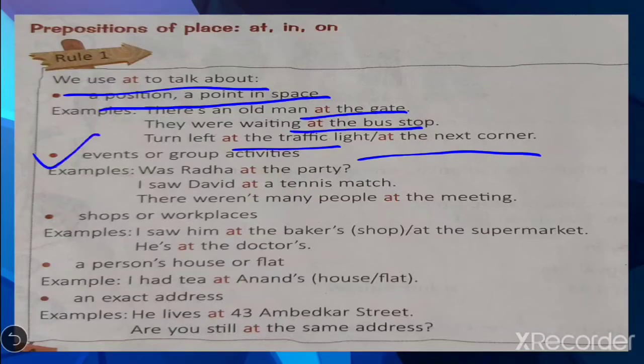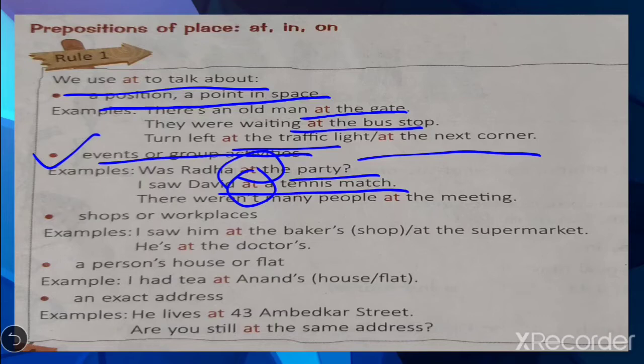Now another point where to use at: events or group activities. For example, was Radha at the party? A party is one kind of event, so before it we have to use at. I saw David at a tennis match. A tennis match is a group activity, so for that we have to use at.